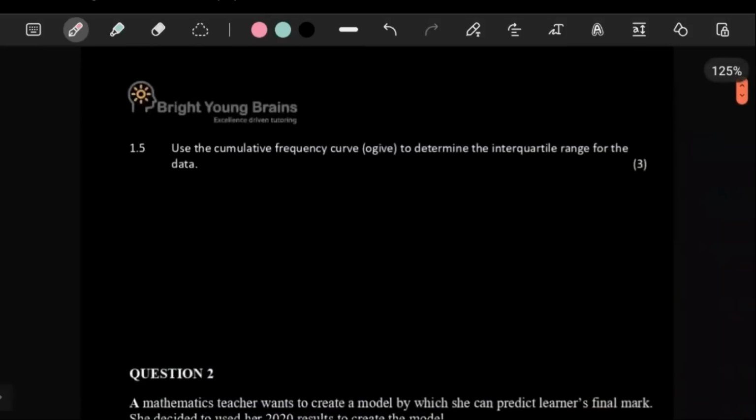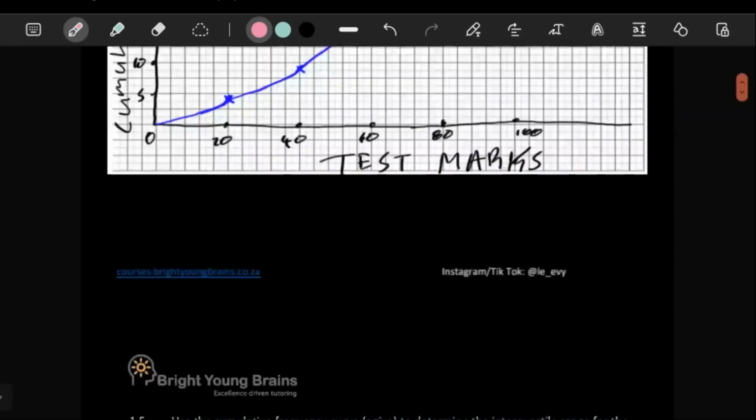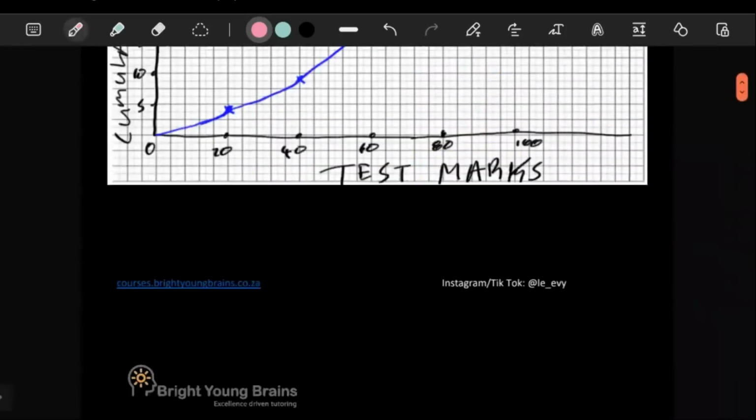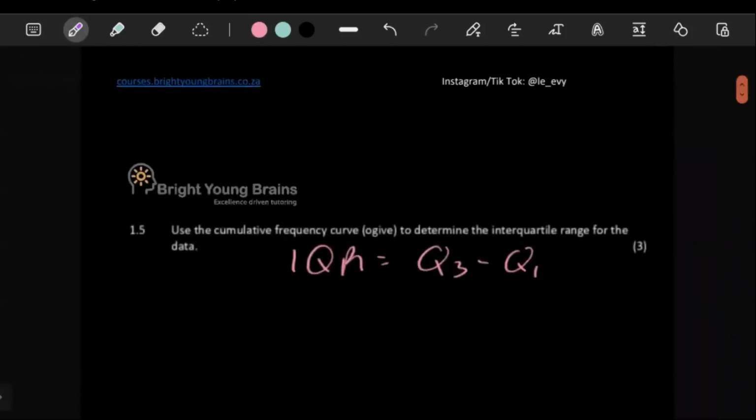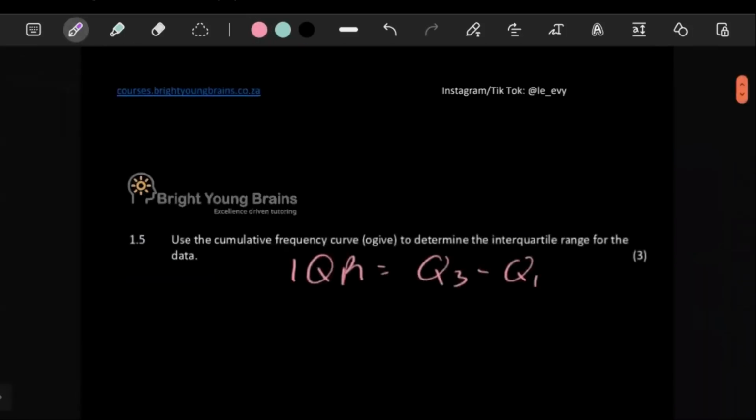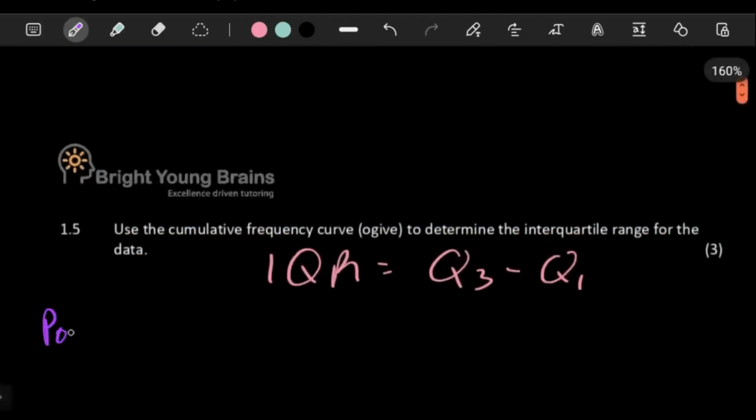It says use the cumulative frequency ogive to determine the interquartile range of the data. The interquartile range is Q3 minus Q1. So you can get the positions of Q3 and Q1 first, and then use your cumulative frequency curve to work them out.